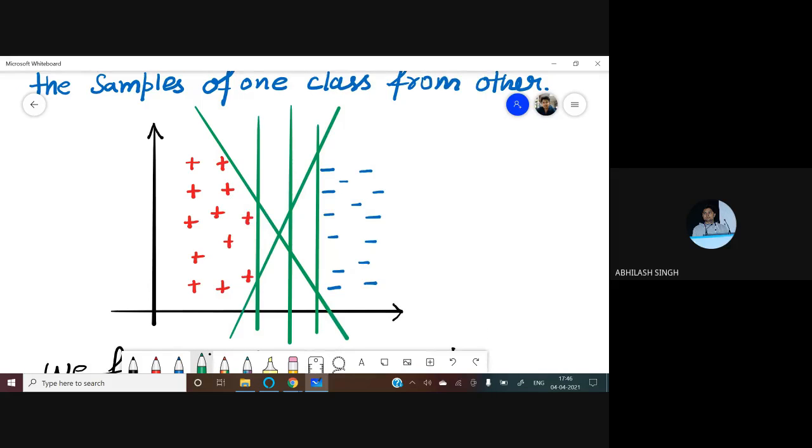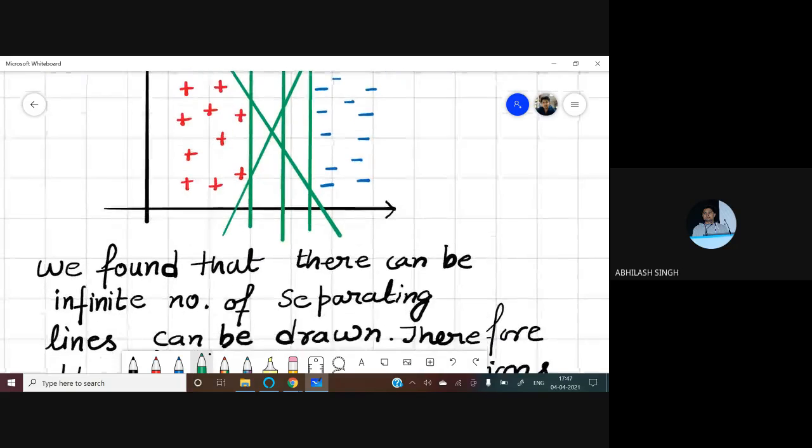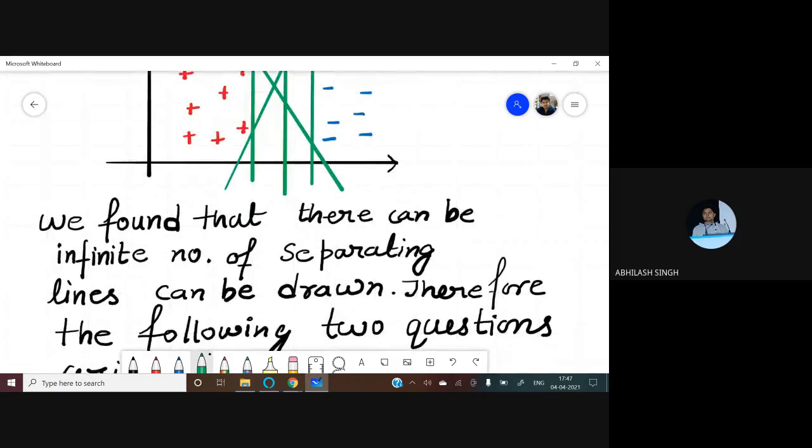So what you have learned is that in deciding a hyperplane to divide the two classes perfectly, there are an infinite number of possibilities. We have found that there can be infinite number of lines that can be drawn.